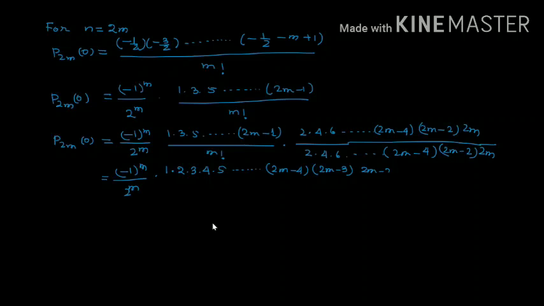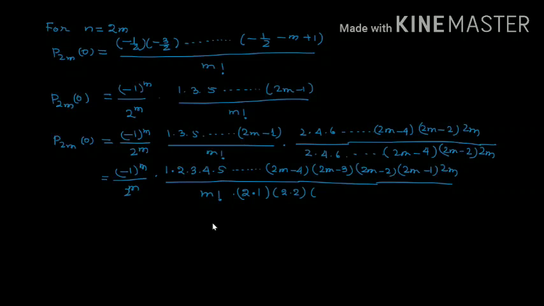Then 2m minus 2 into 2m minus 1 into 2m divided by factorial m into 2 into 1, then 4 is 2 into 2, 6 is 2 into 3, then 2 into m minus 2, 2 into m minus 1 into 2 into m.